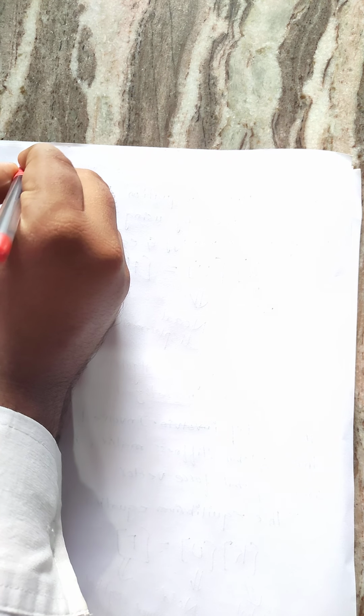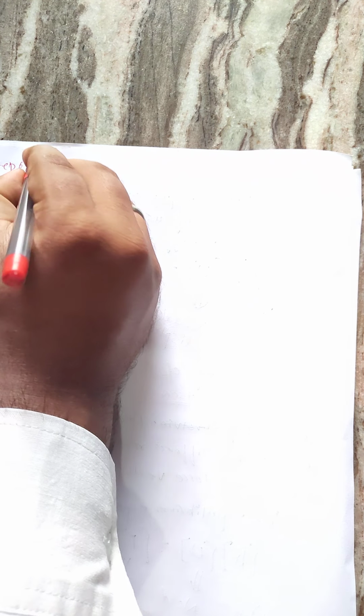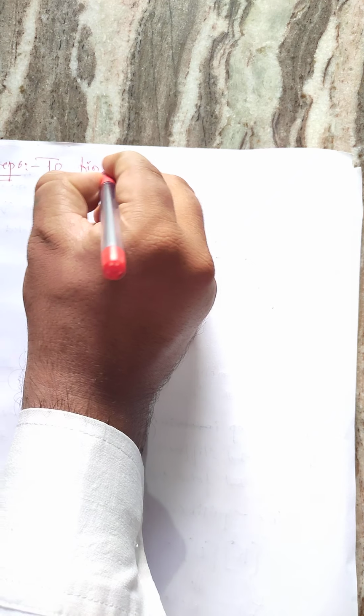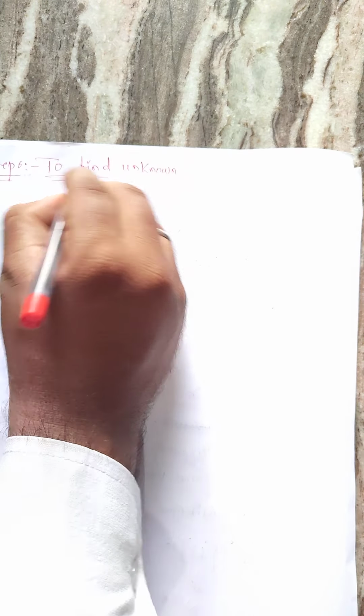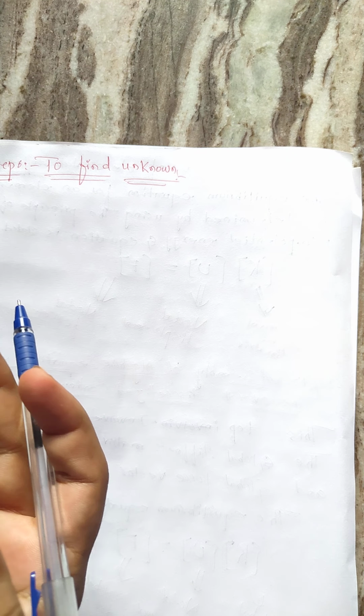Step number 6, to find unknown. Okay dear, so in this step we are finding the unknowns such as displacement and stress, strain, is it right?